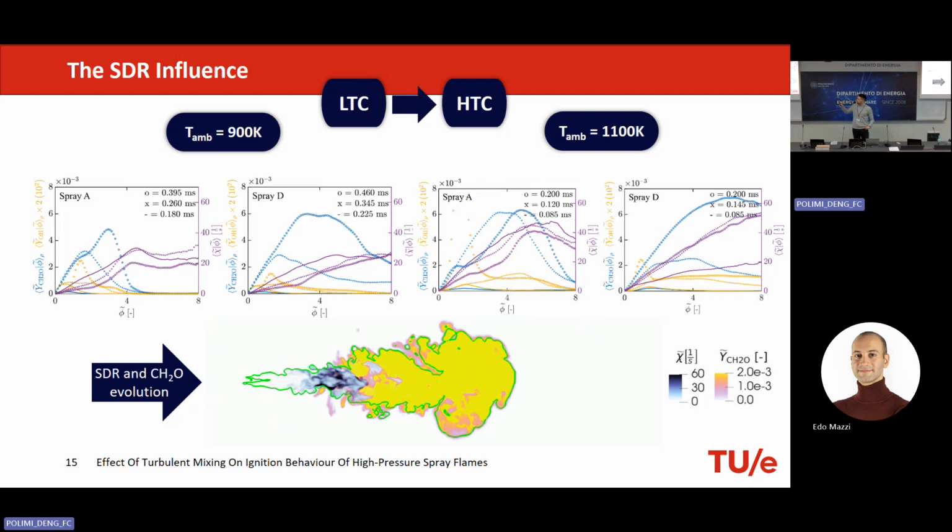We do see that CH2O has a peak at the lean mixture fraction, then moves towards richer conditions, while OH, which in the beginning follows the peak of CH2O, if you see the yellow dots for OH, then instead of moving as CH2O does towards richer equivalence ratios, moves back to leaner conditions, but not as lean as CH2O.